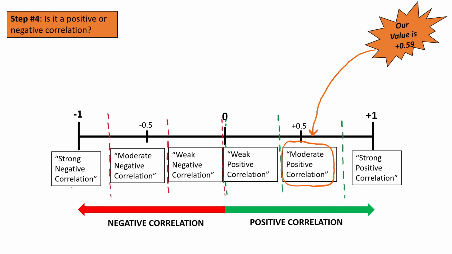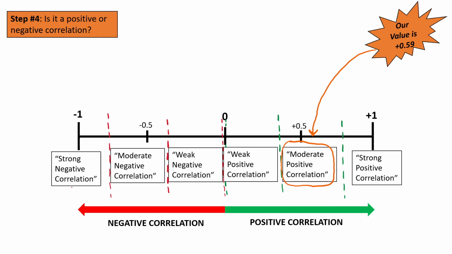And this basically determines the wording that we use for the final stage. So 0.59 just sits nicely in this area of moderate positive correlation. So it goes weak positive, moderate positive, strong positive. So it's wherever our figure is closest to. If it's closest to 0.5, then we're looking at a moderate positive.